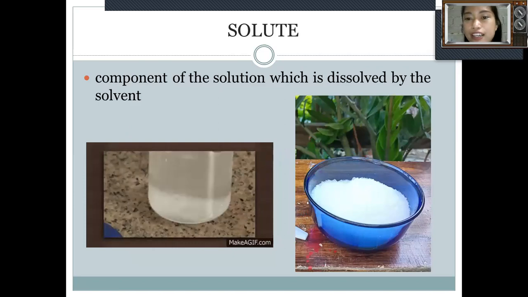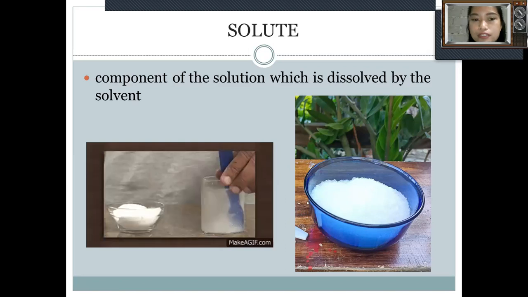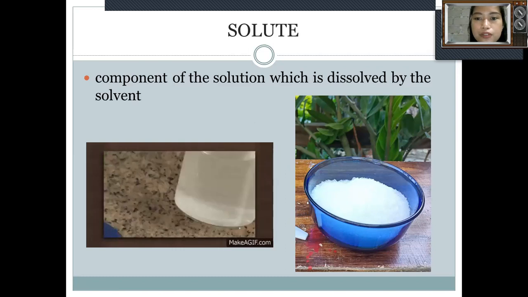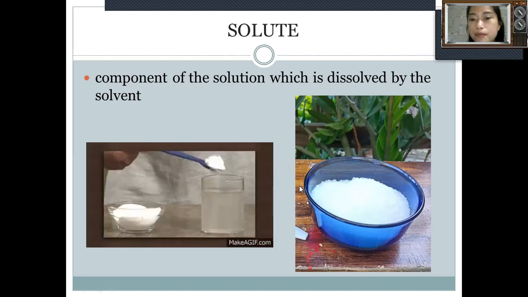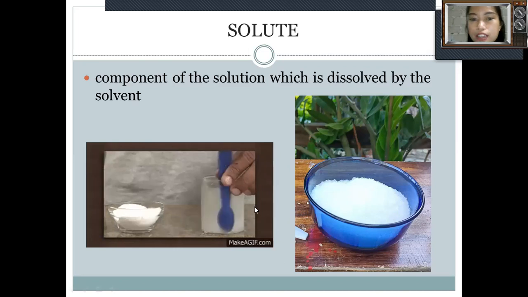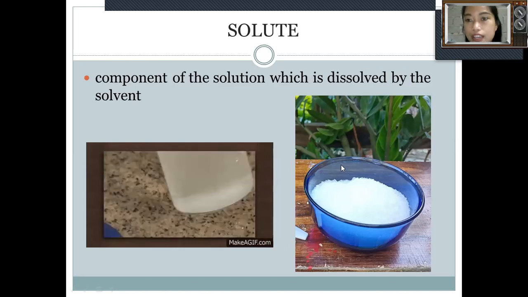Sometimes it is lesser in amount, in some cases, but there are chances na it could be otherwise, for example, the solution B. What we did in the experiment is we put half teaspoon, stir until it dissolved, and then another half teaspoon, stir this, and if the sugar dissolved, we add again and repeat the procedure.